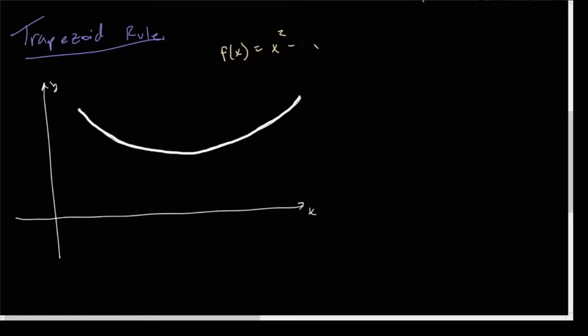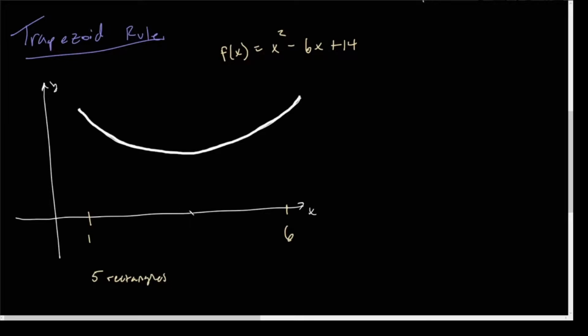Sorry, guys. Okay, and we're going to do this from what? 1 to 6. Seems fine by me. So let's do 1 to 6. And let's just do 5 rectangles.